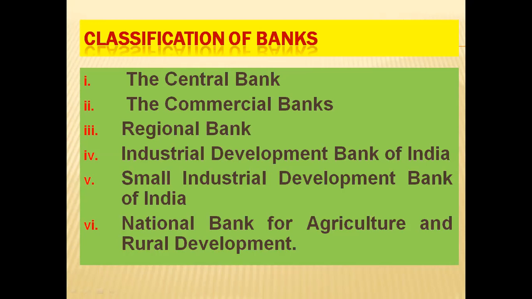Let us take one example. Suppose that A, the depositor, deposits rupees 1000 with the bank. This will be the primary or passive deposit.